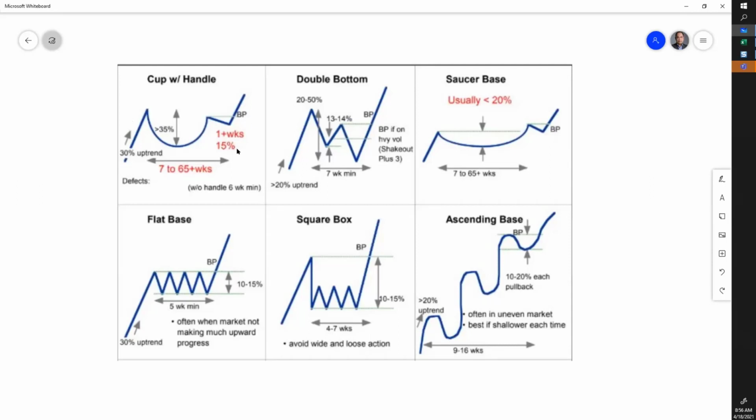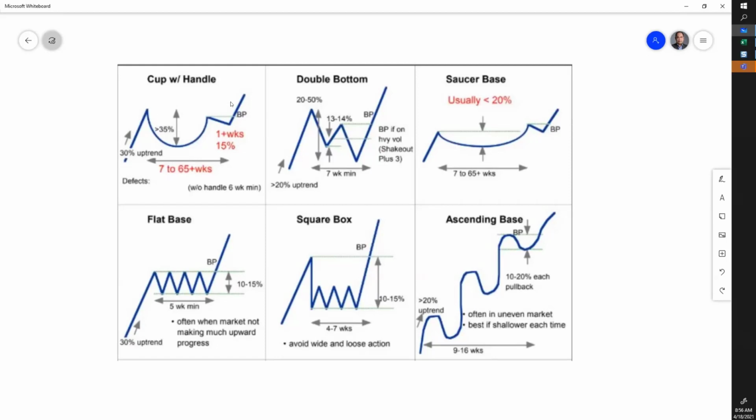So, sabi rin dito sa literature nila is pagka ang cup consolidation is less than, ano ba to? Sorry, handle consolidation 6 weeks minimum. So kung magkakaroon ka, kasi may variants eh.